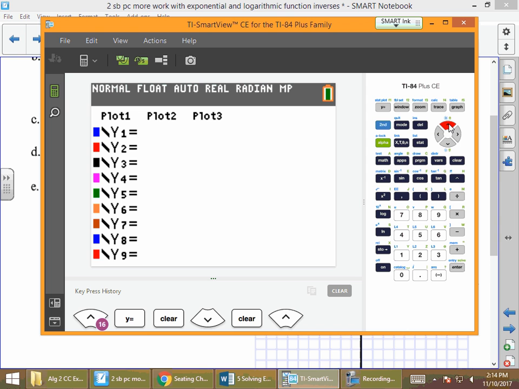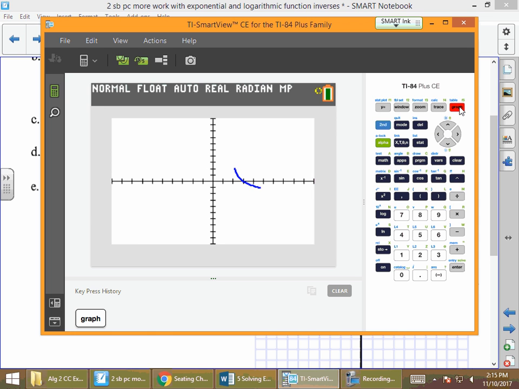So it's going to be negative ln, and then parentheses, x minus 2. And we can look at our picture. So there's our picture. But really, more importantly for us, let's look at the table.